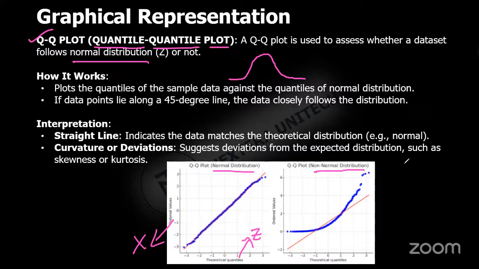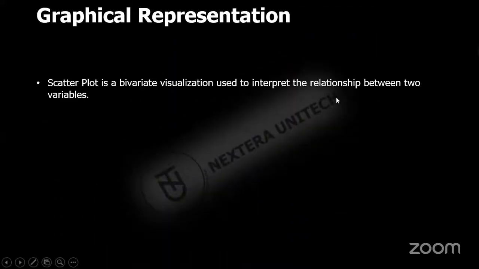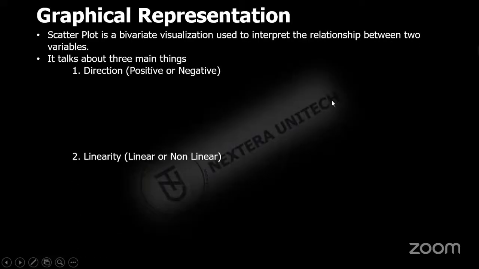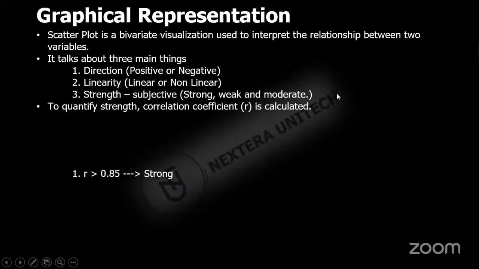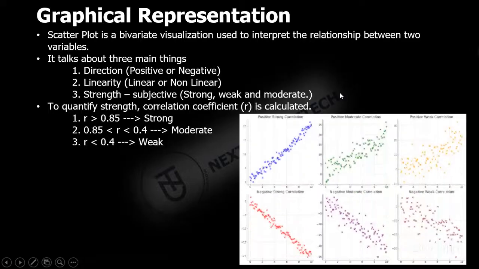Okay, right. And the last plot that we have is the only bivariate plot. It is scatter plot. Very, very important plot as per graphical representation in the entire EDA, because scatter plot is the only plot which is part of bivariate visualization.